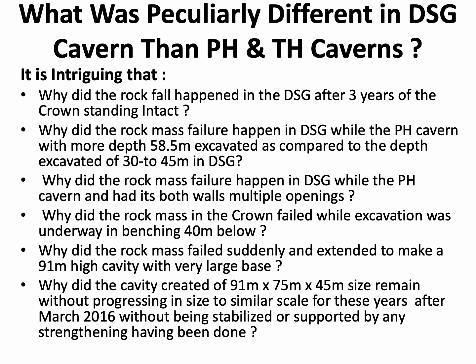So there are multiple openings in both the long walls of the powerhouse machine hall. If this feature is considered, then why should the failure not happen in the powerhouse, and it happened in the Downstream Surge Gallery, which doesn't have any opening till the level of excavated height?